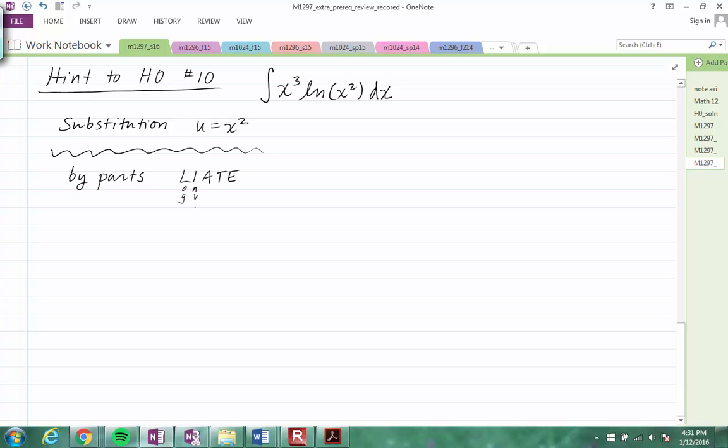Definitely going to do it in lecture, but LIATE stands for log, inverse trig, algebraic, trig, exponential. Algebraic is kind of weird, but that's referring to things like x squared, x to the 1/2, square root of x plus 1, stuff that looks like that. Your u in the by parts method is the highest on that list.